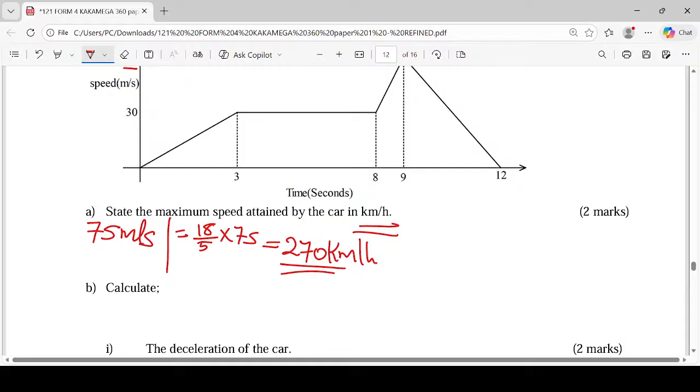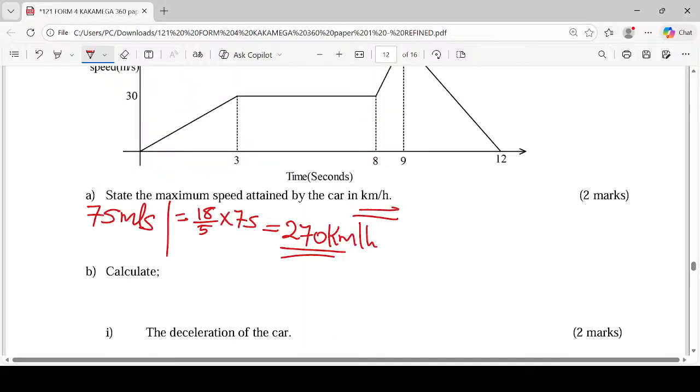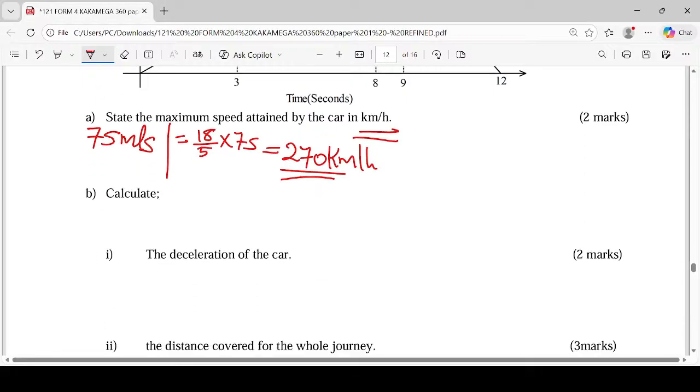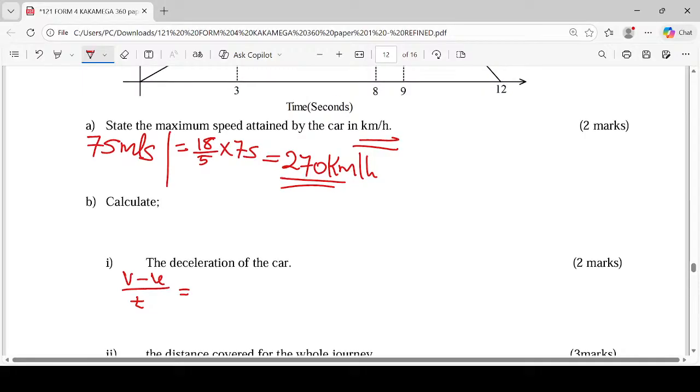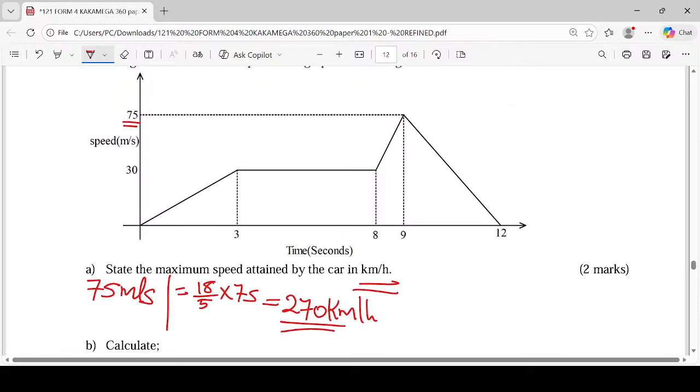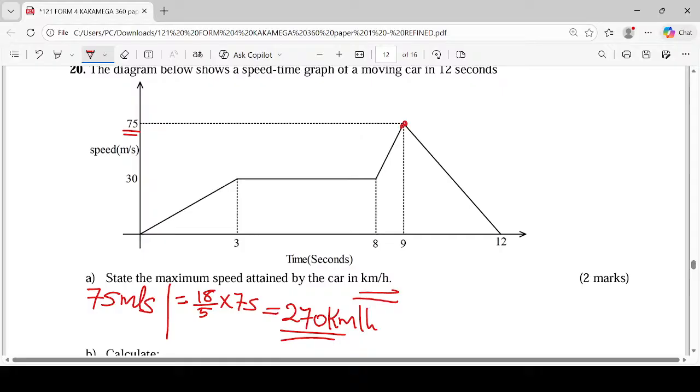Part B, Roman 1, the deceleration of the car. The car was decelerating from the time when t is equal to 9 to t is equal to 12. That's what you need to understand. So for you to compute the deceleration of the car, you're going to take final velocity v minus u over t. So the final velocity is when it came to rest, that is 0, minus initial velocity when it began decelerating when the velocity was 75.